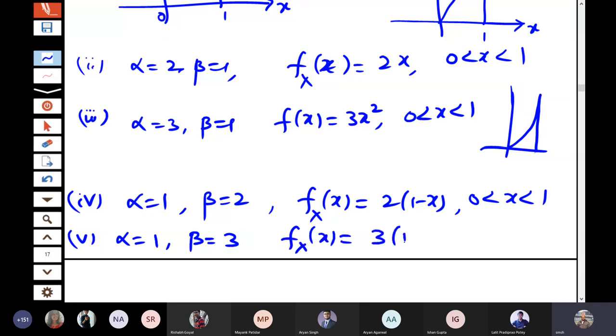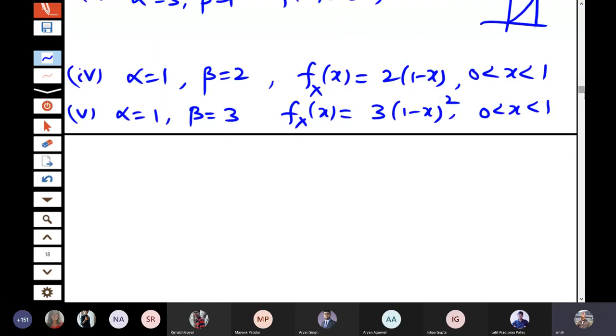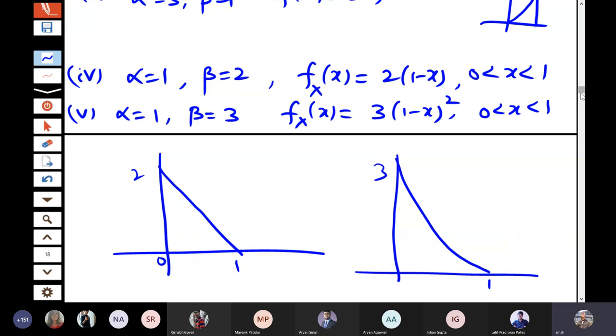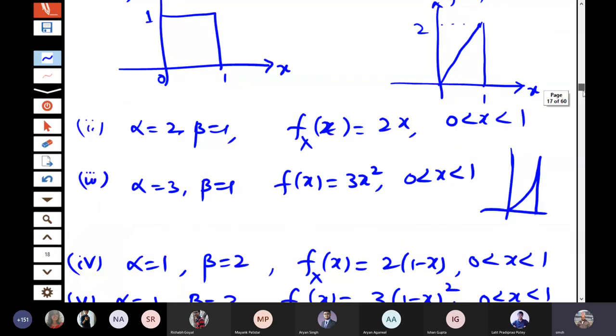It will become 3(1 minus x) square. So you have various representations here. For example, 2(1 minus x) is like this. If I take 3(1 minus x) square, then it is of this form. Okay. So you can see that various kinds of shapes are possible here.